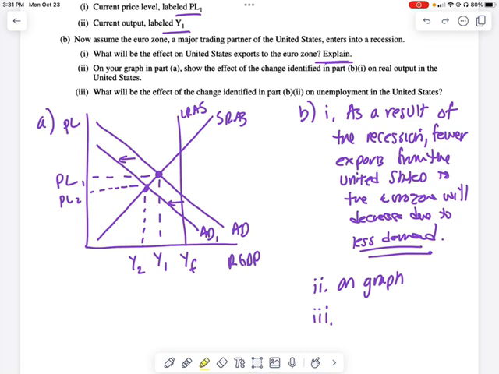Then we are asked to comment on how this is going to impact unemployment in the United States. Unfortunately, the GDP is going to go from bad to worse, which means that unemployment is going to increase even more due to less demand for American manufactured goods.